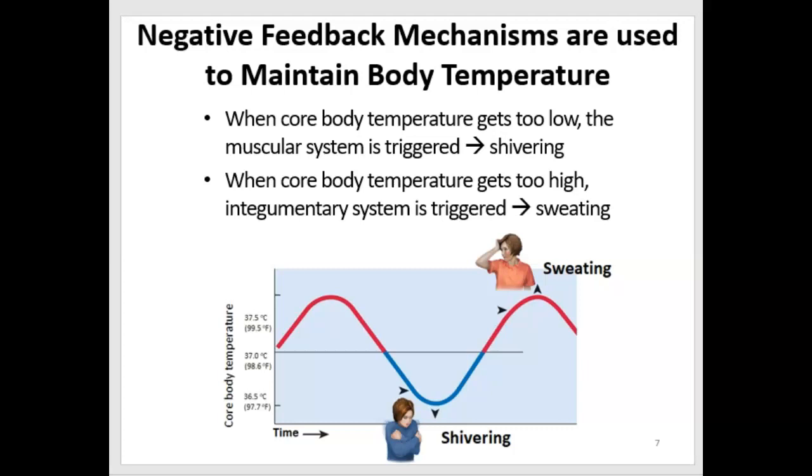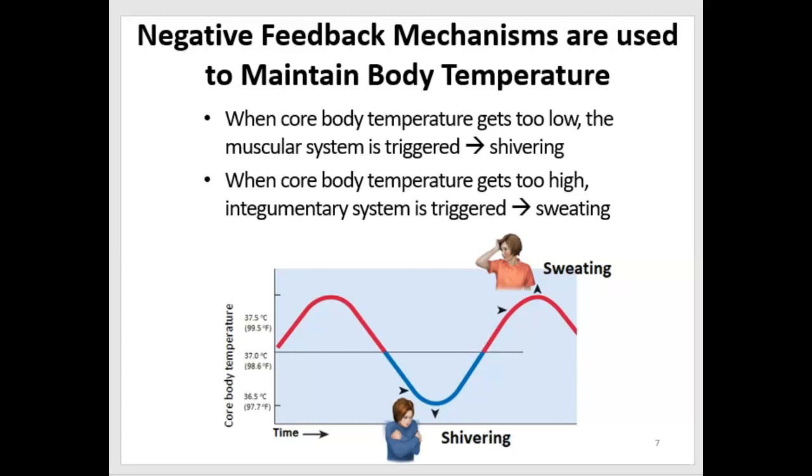normal body temperature, we need to sense when body temperature gets too low or it gets too high. So when the core body temperature gets too low, that is sensed. It's actually sensed by the brain, and the brain then sends a signal out to the muscular system to start shivering.